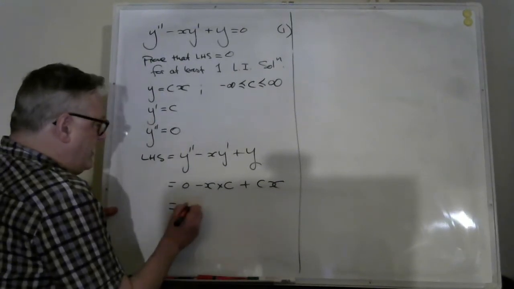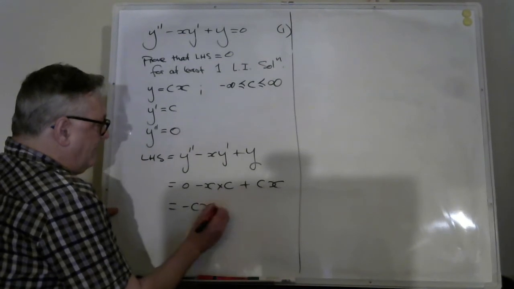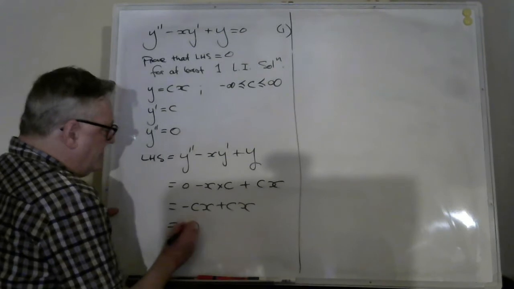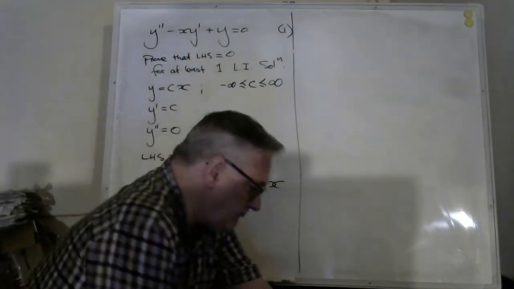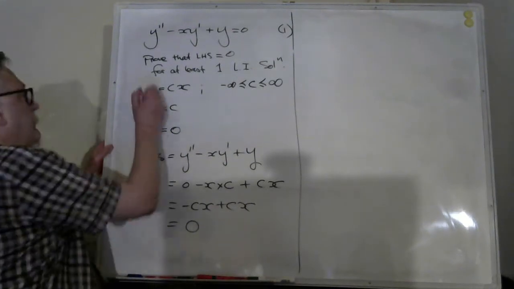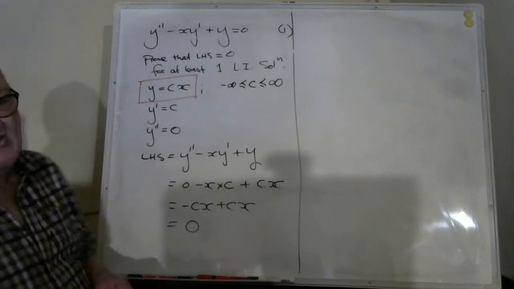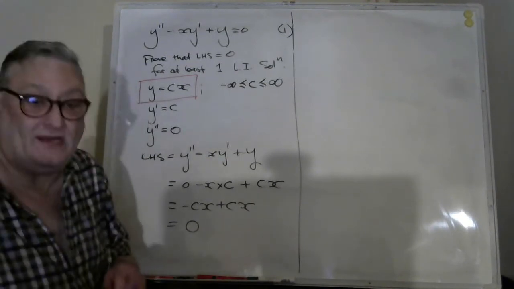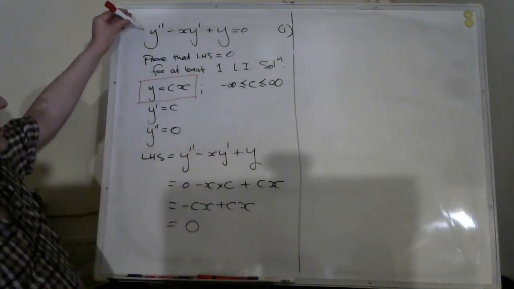And if we work this out algebraically, then we find that it is indeed equal to 0. So we can make the assertion that y equals cx is one linearly independent solution to equation 1 up here.